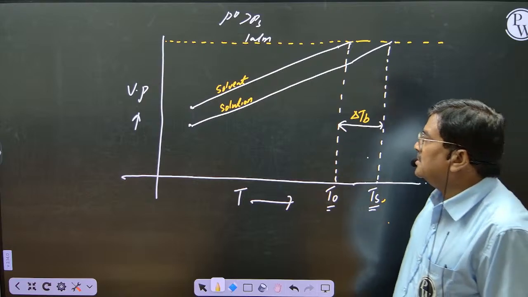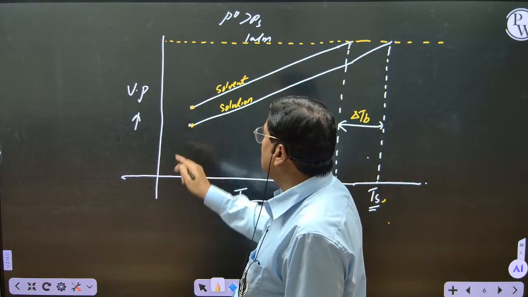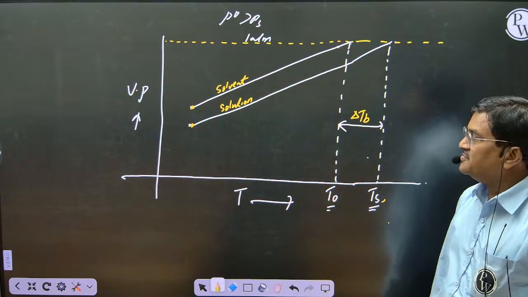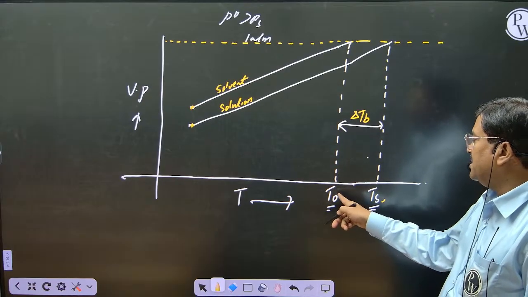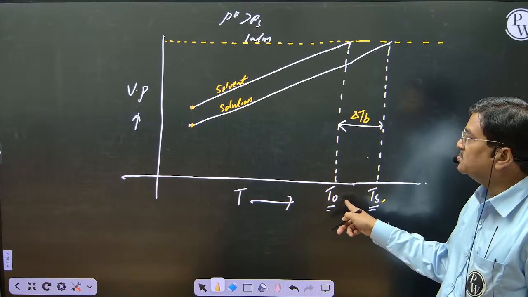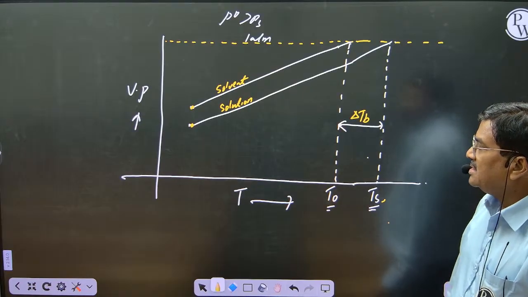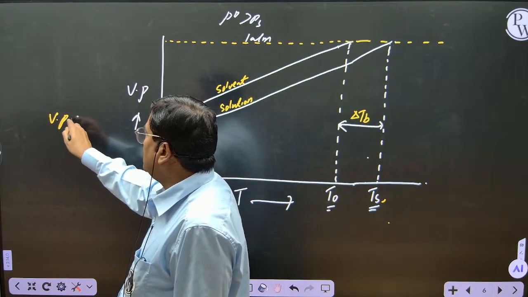Clear all of you? So this point is for solvent and this point is for solution. As the vapor pressure of solvent is more, but when you compare boiling points, the boiling point of solution comes more. Vapor pressure, keep it in mind, is inversely proportional to boiling point.